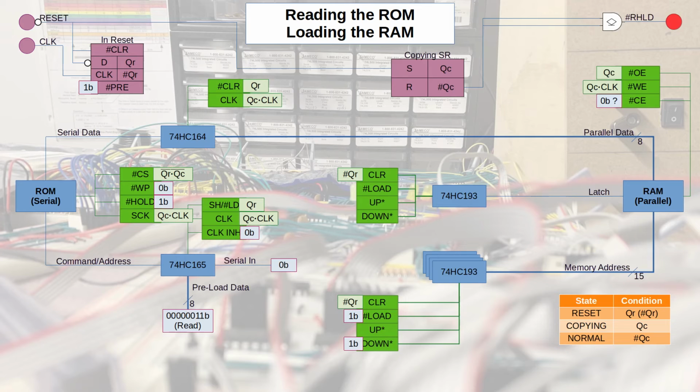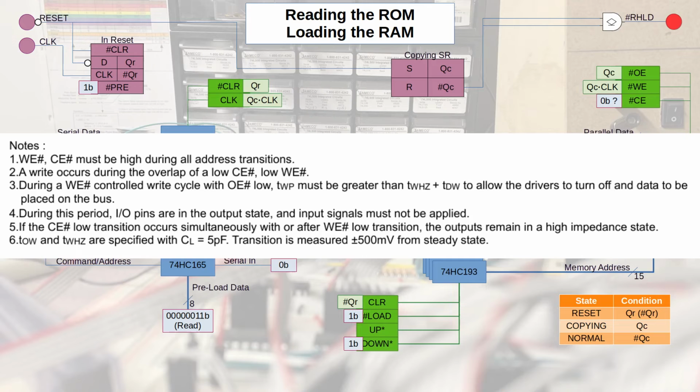And so that's going to look like the clock signal for the 74HC165. Chip enable is a bit of a thorn in my side. For reads, it can remain low, and I'm limited by an address transition time during which the data is not valid. But for writes, it must come high while an address is being changed. It notes that in the data sheet related to the write cycle timing.